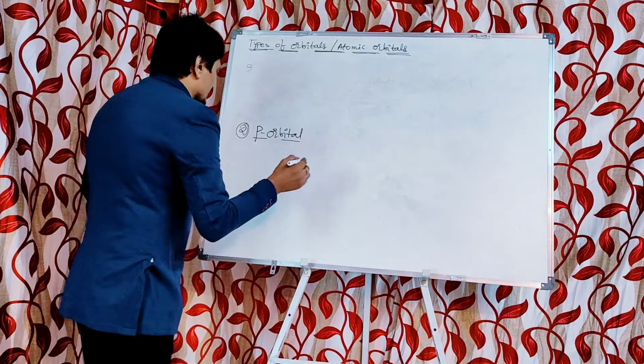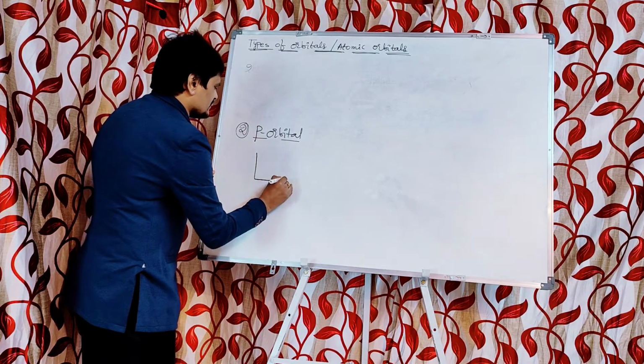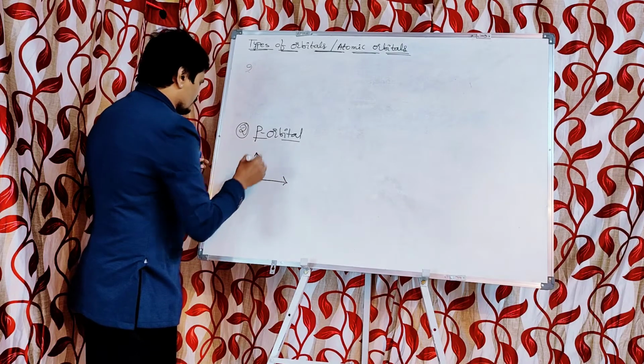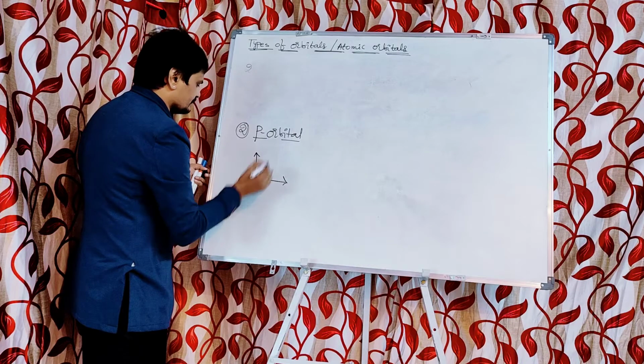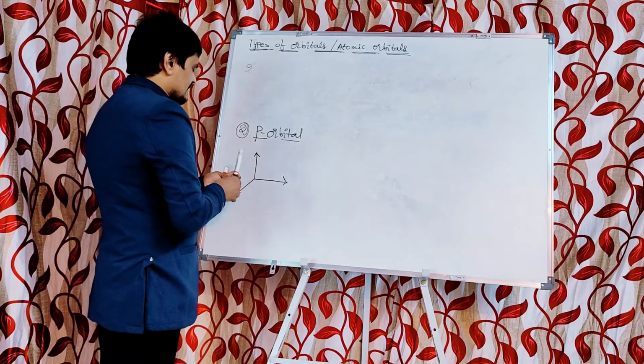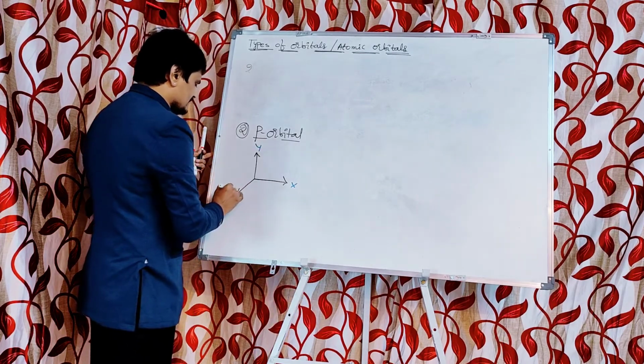So it is very simple to draw the structures of the p orbitals, that is px, py, and pz. So what could be the px? Px is very simple. What you do is just write down any of the two axes or three axes. Let us take the three axes. Let us say this is the x-axis, this is the y-axis, and this is the z-axis.